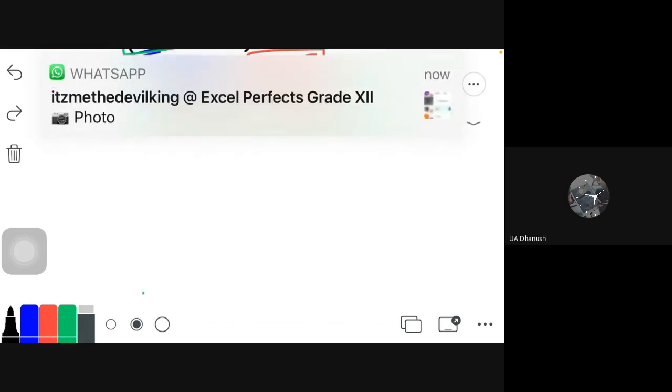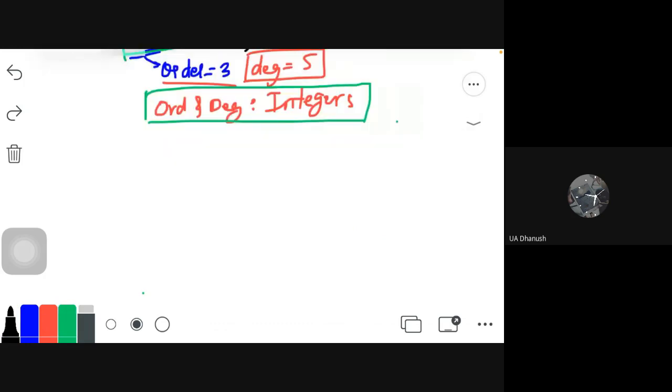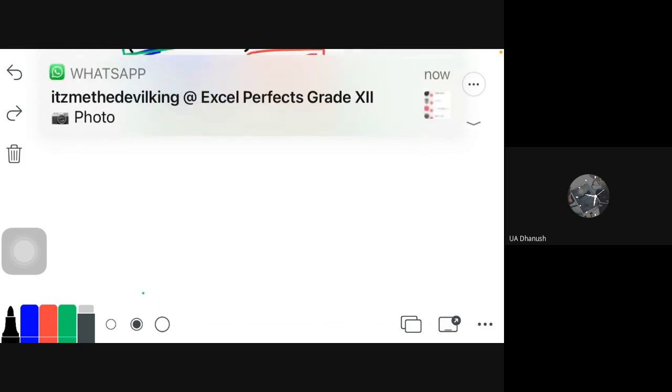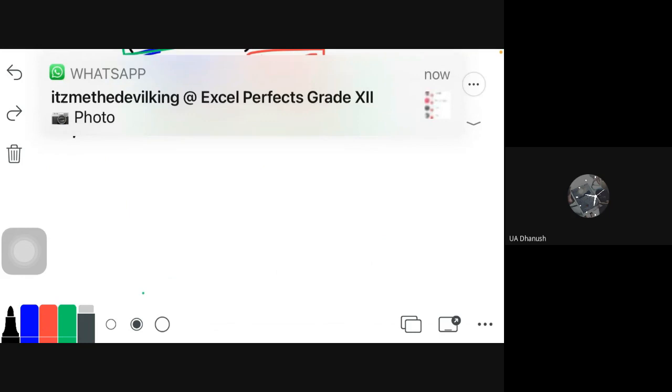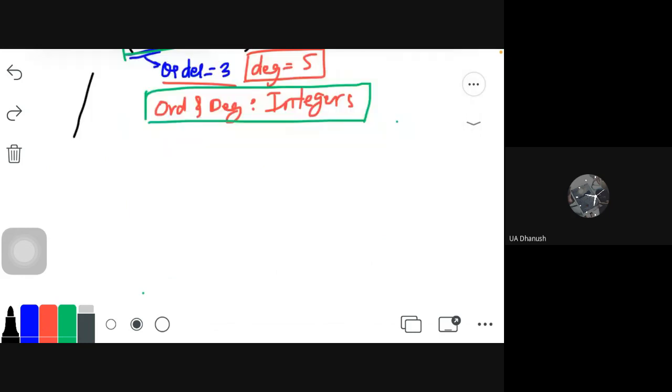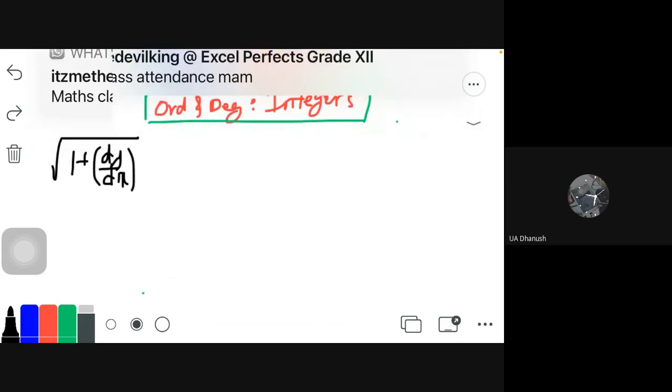So I have to find out the degree of this. Square root of 1 plus dy by dx.